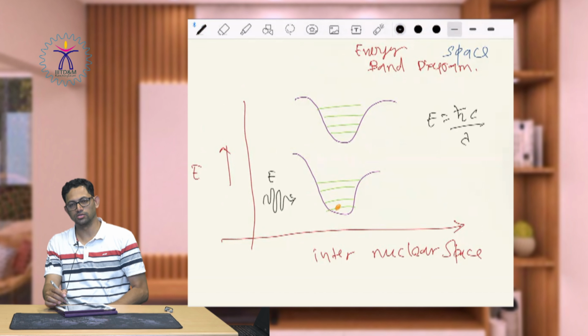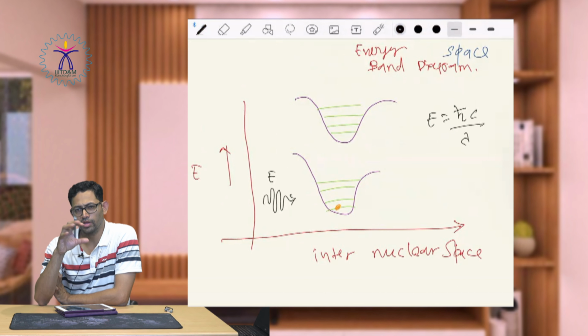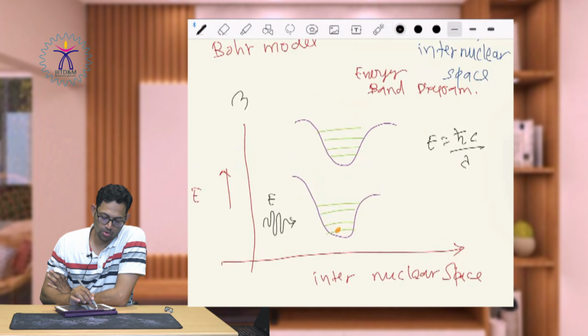So h is the Planck's constant, c is the speed of the light, and lambda is the wavelength of the photon that you are shining on the particular electron, or that you are shining onto this molecule. For example, this is that molecule, okay, and you are shining this particular photon onto this molecule.